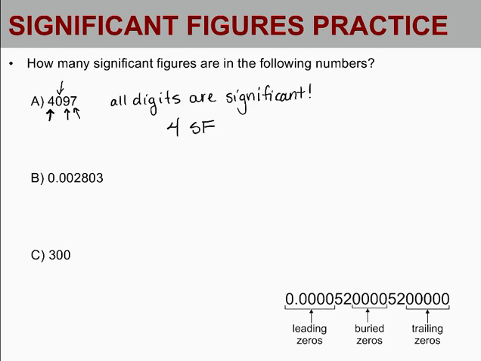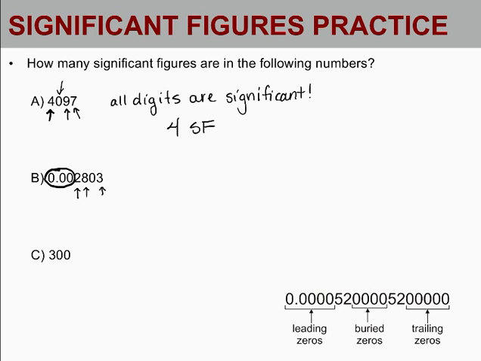Okay, now in B, we have a small number, 0.002803, and we need to figure out which digits are significant. So we know for sure that the 2, the 8, and the 3 are significant because they're non-zero digits. But then we have to figure out, are the zeros significant? So we have these 3 zeros at the beginning of the number, and because they're at the beginning, those are called leading zeros.